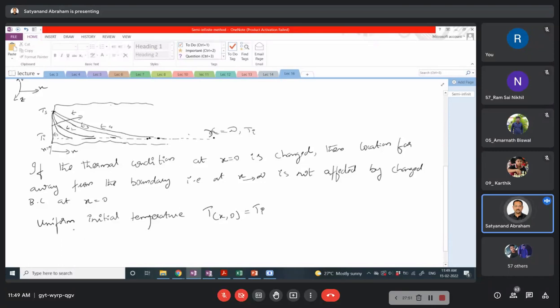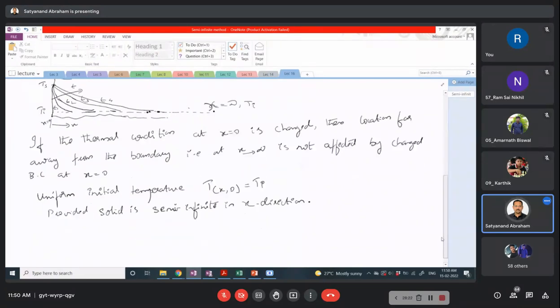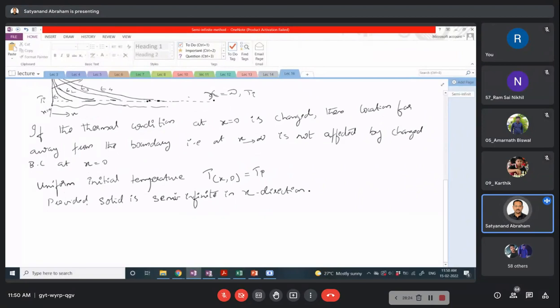Therefore we can write over here, provided the solid is semi-infinite in x direction.